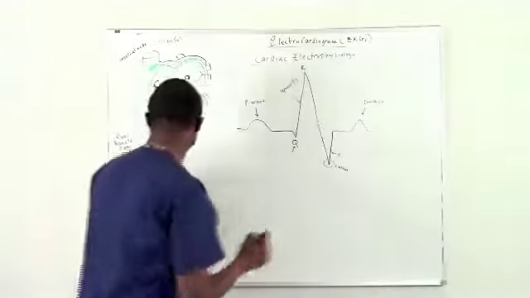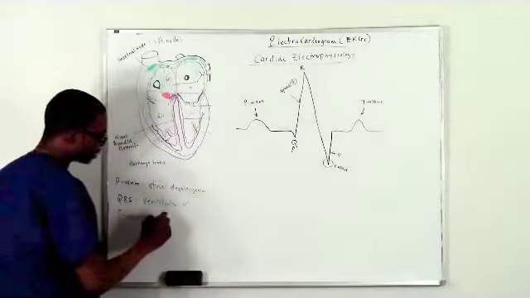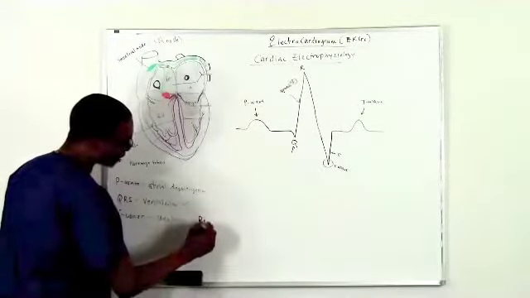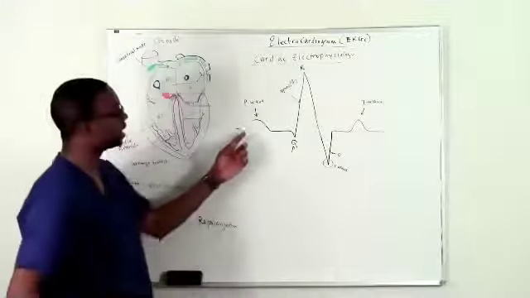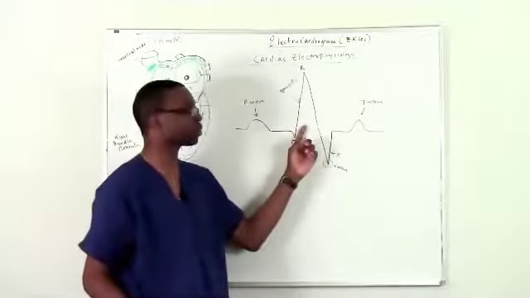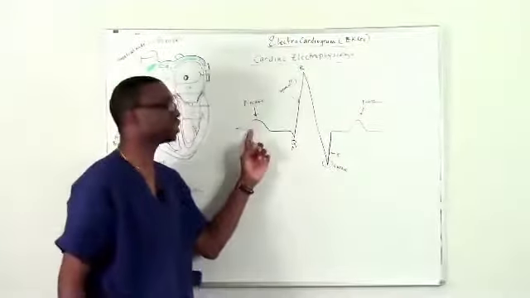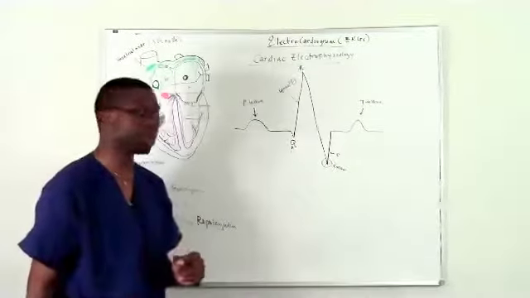What is a T wave? Well, a T wave represents ventricular repolarization. So as you can see, we see atrial depolarization, ventricular depolarization, ventricular repolarization, but we never see atrial repolarization on an EKG. Very important that you remember that.